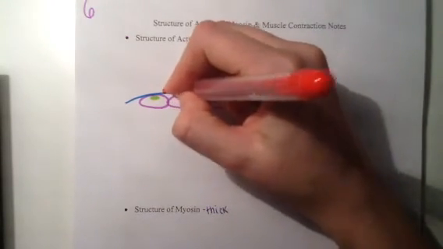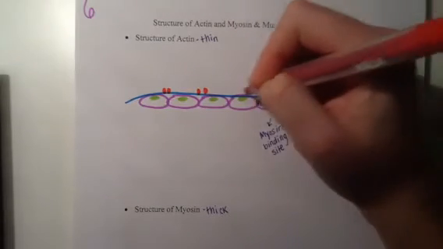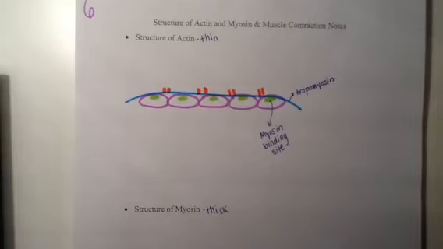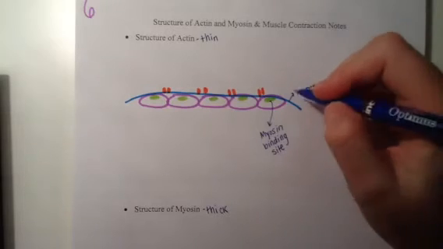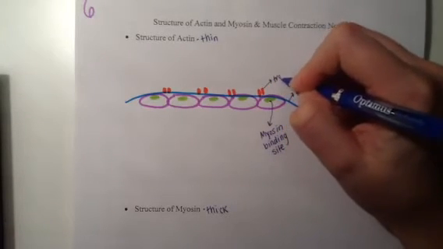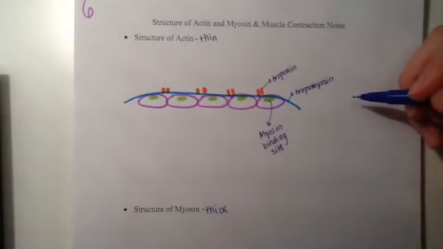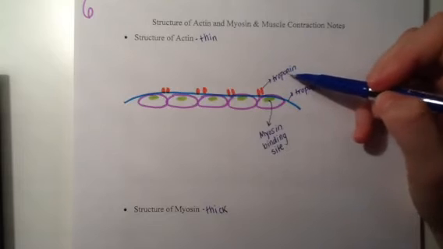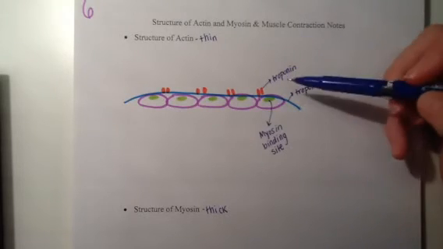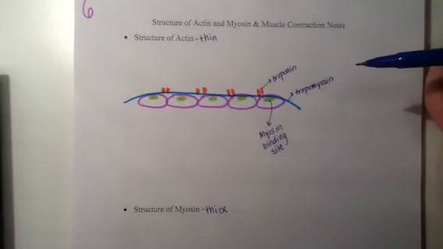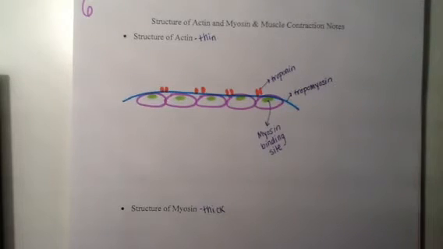And it's going to be on the actual tropomyosin, like so. These 2 things together form a troponin tropomyosin complex because they are together. So the troponin tropomyosin complex covers up the myosin binding sites on actin. Okay, that is just the structure of actin.